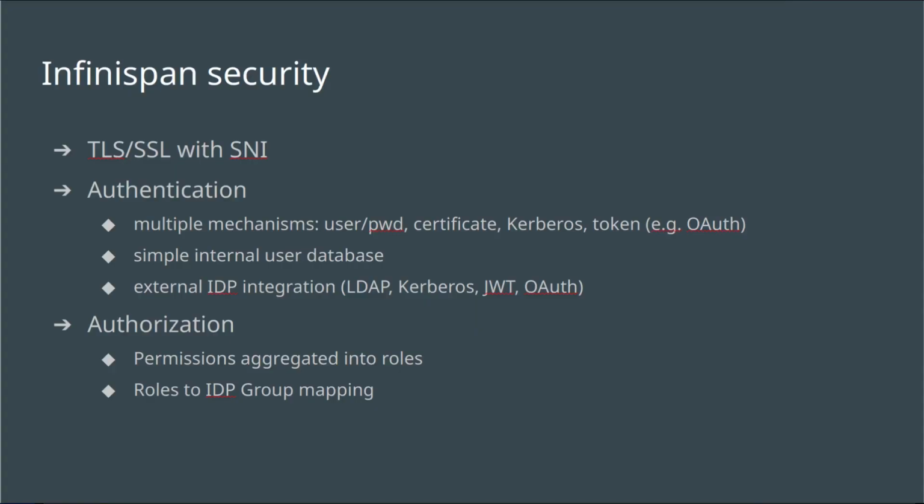Infinispan security is also very advanced. Here I showed how to use a statically defined user and password, but you can connect Infinispan to an LDAP server, for example, or use client certificates for authentication, or even Kerberos.